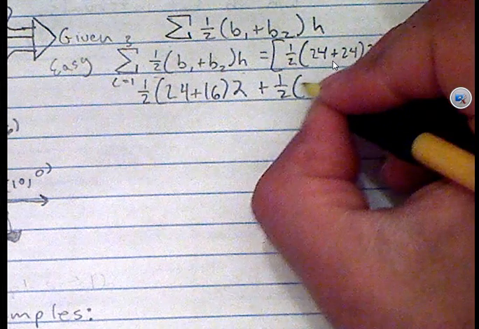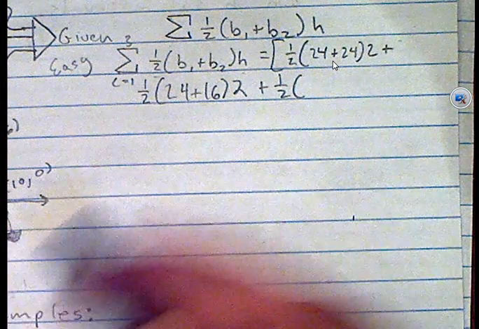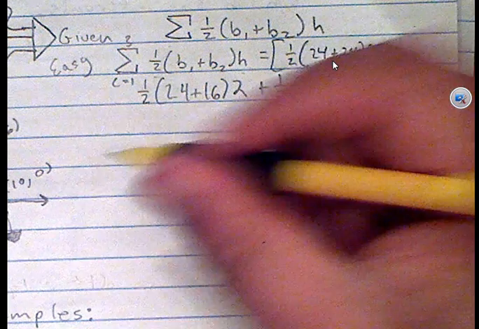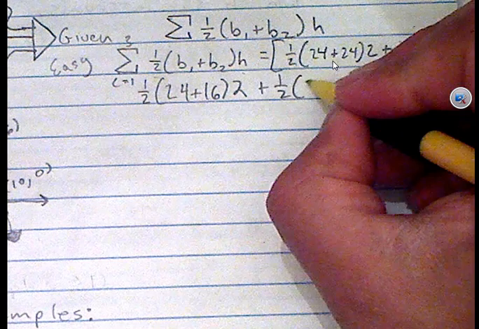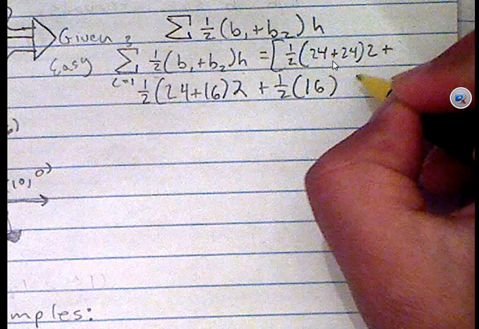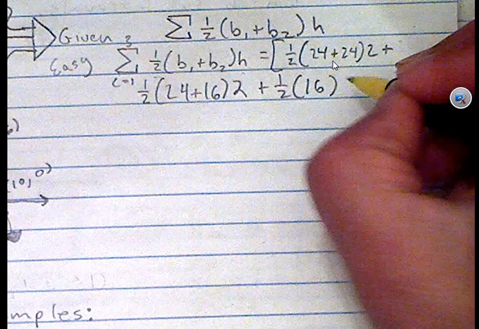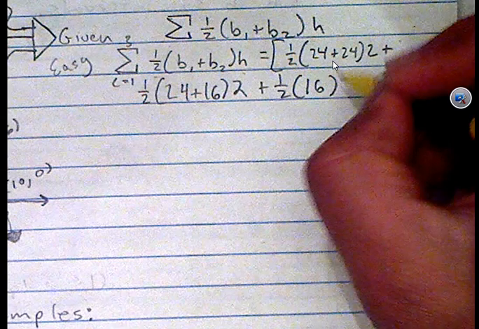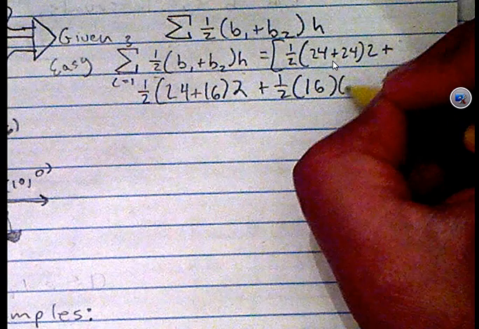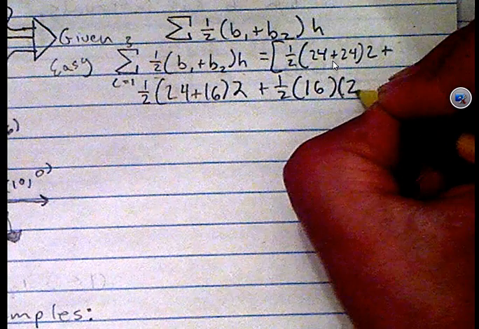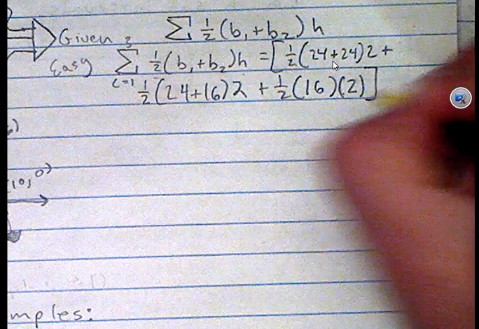And this last one is actually a triangle, so it's 1/2 base 16, but there's no base 2, so it's basically 1/2 base times height, and the height is actually 2, or 1/2 height times base, whatever.